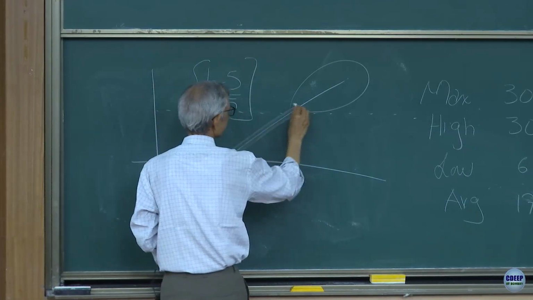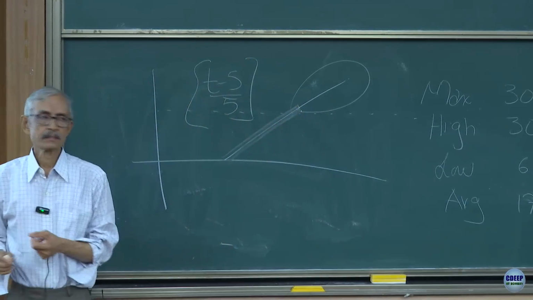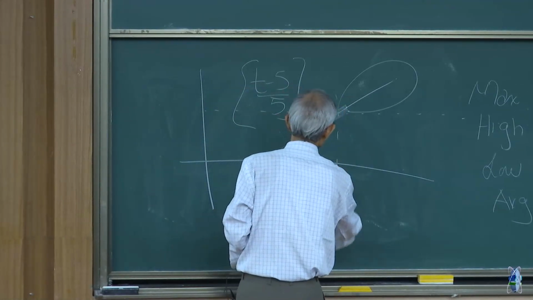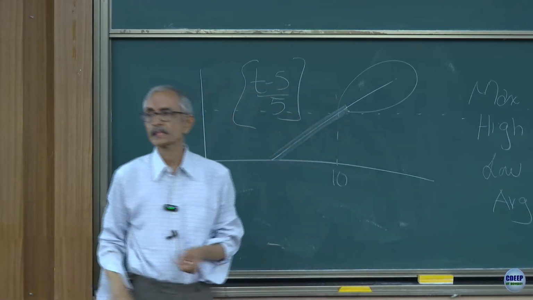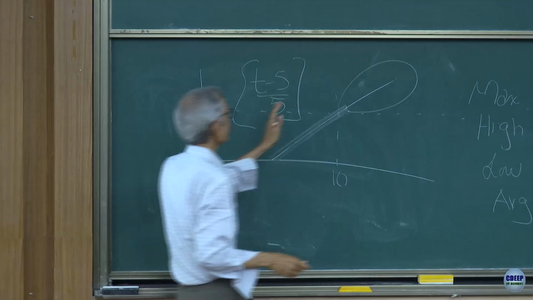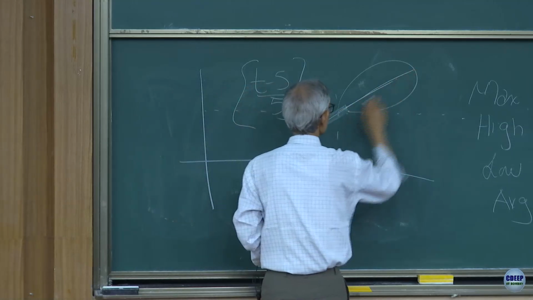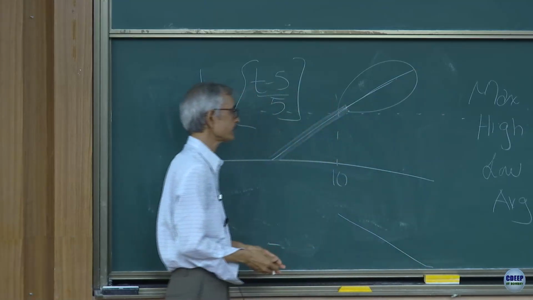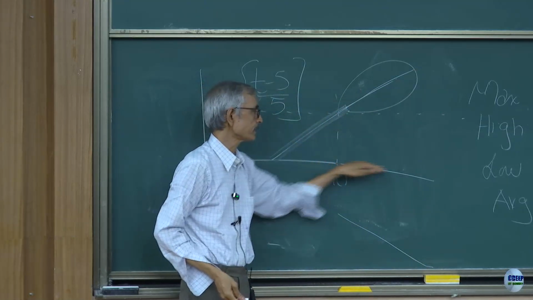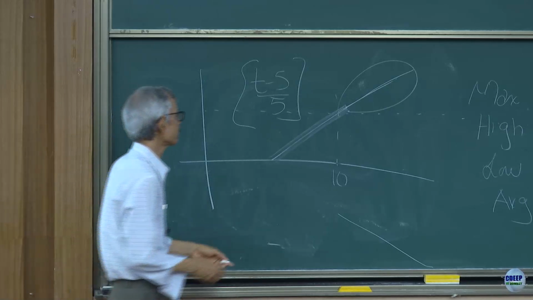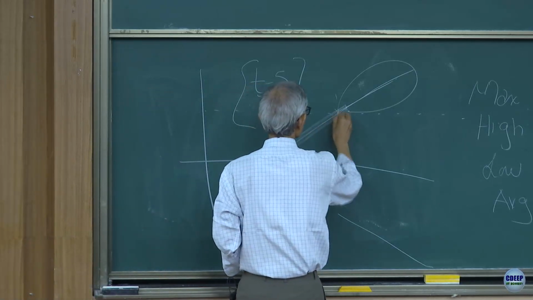But then this piece is going to be there only till t equal to 10, and then it has to be killed. So you need another Heaviside in the other direction, so that this plus this is going to kill the one that is moving up. So this had to be killed right there.